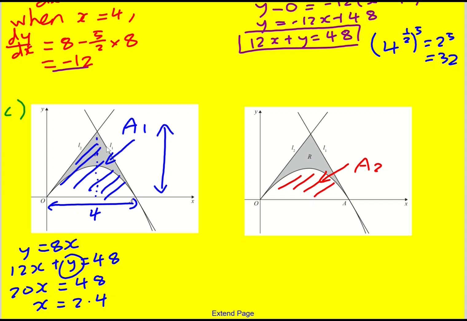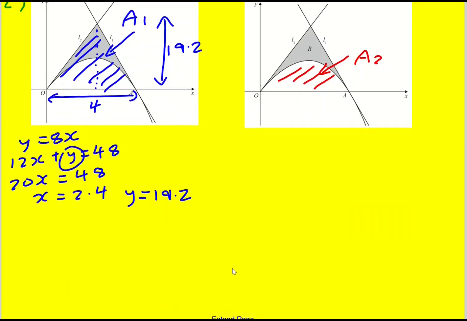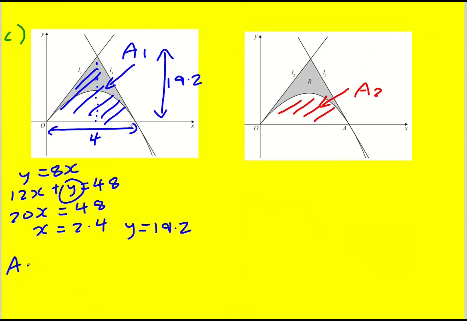I actually want the value of y. So then I would times through by 8, and it gives 19.2. So that is our perpendicular height here. This means A1 is a half times 4 times 19.2. We just end up doubling 19.2, which gives us 38.4.